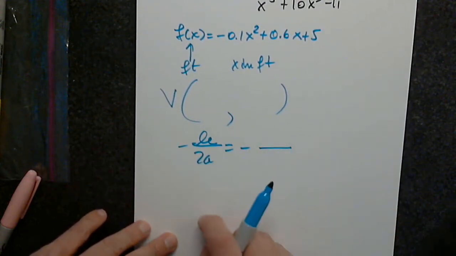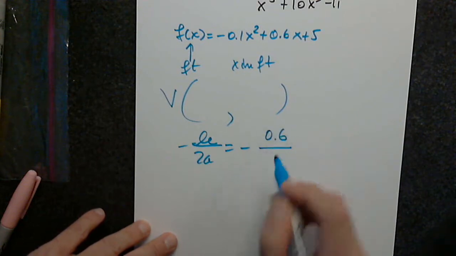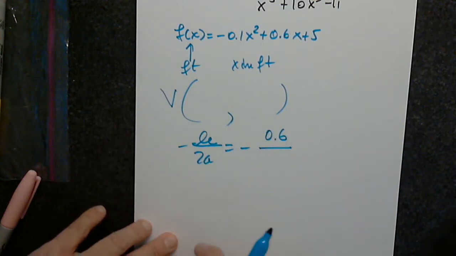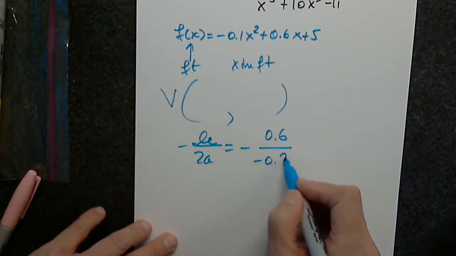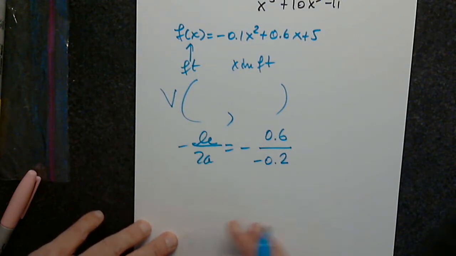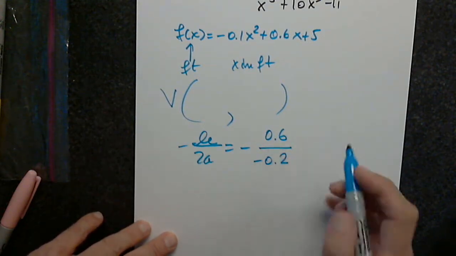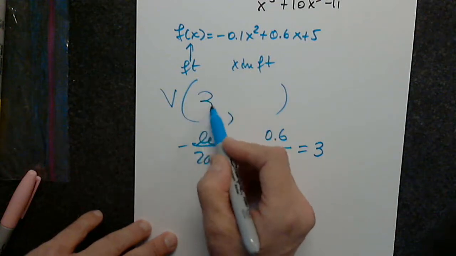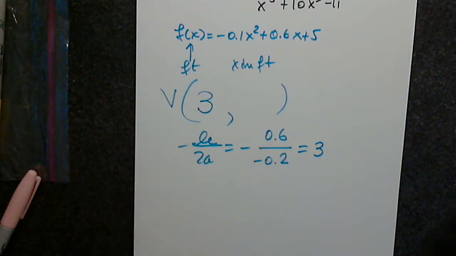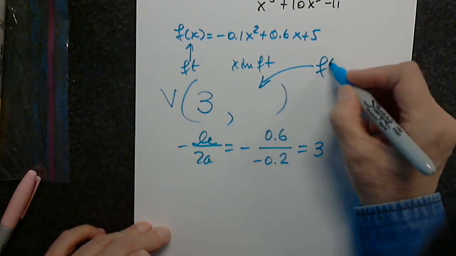Okay, so what is b? B is 0.6, and 2 times a is negative 0.2. Multiply top and bottom by 10. 6 divided by 2 is 3. And you just plug in. Excellent. Yes. So this value right here is f of 3.